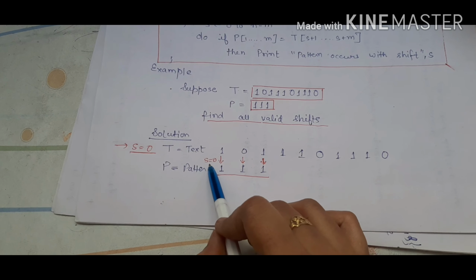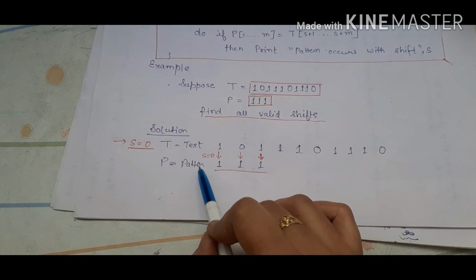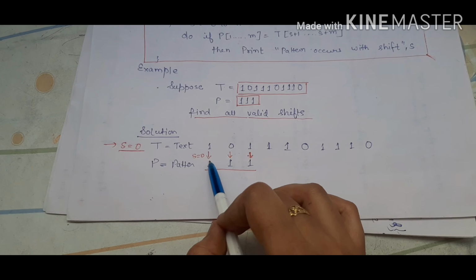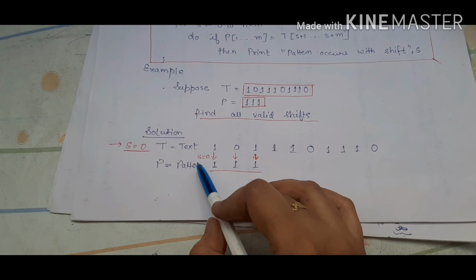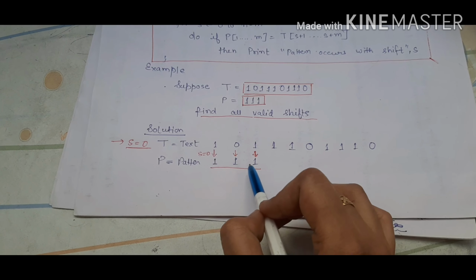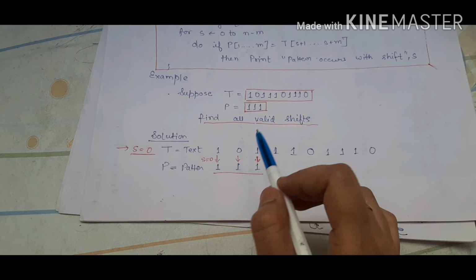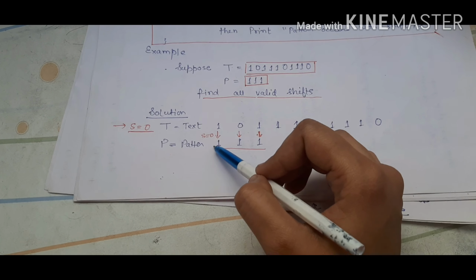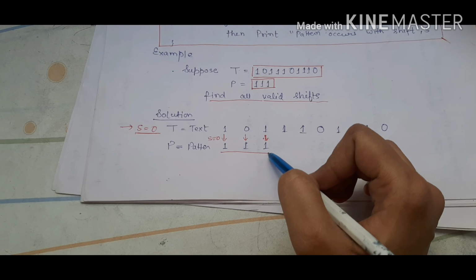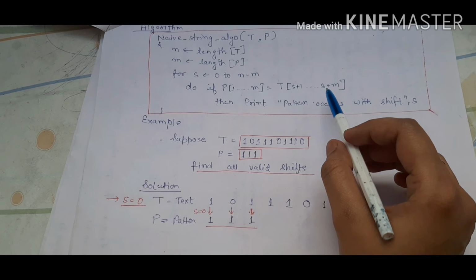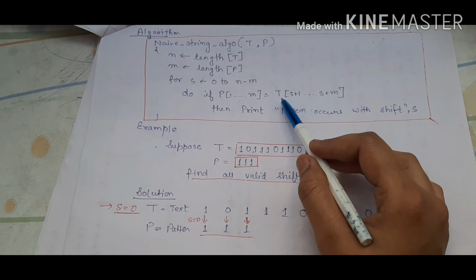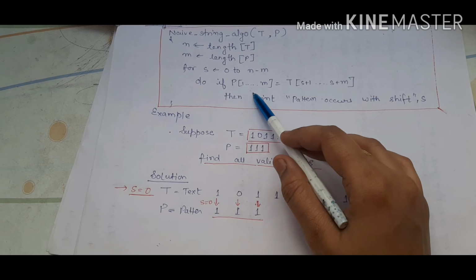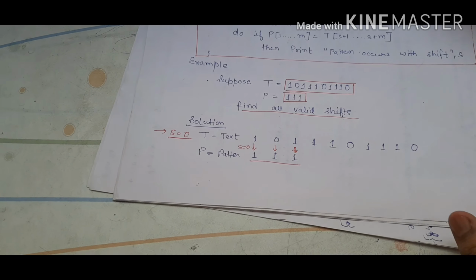First of all, s equals 0 means we have not shifted the pattern to the right; it is at the initial position of the text. Here we are comparing, and the pattern does not match. The size of the text compared is equal to the size of the pattern, written as s plus m, shift plus m, where m is the length of the pattern.